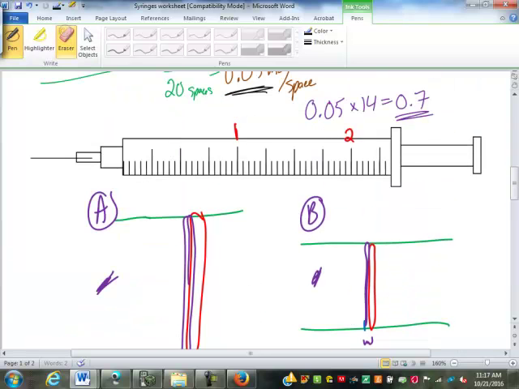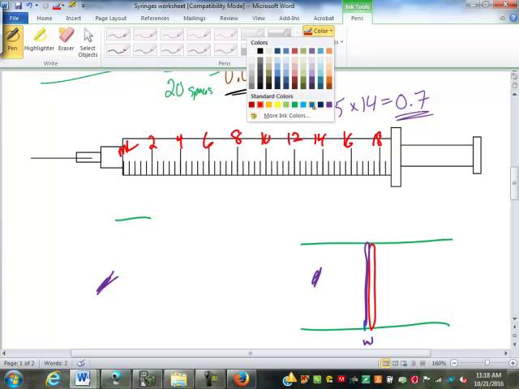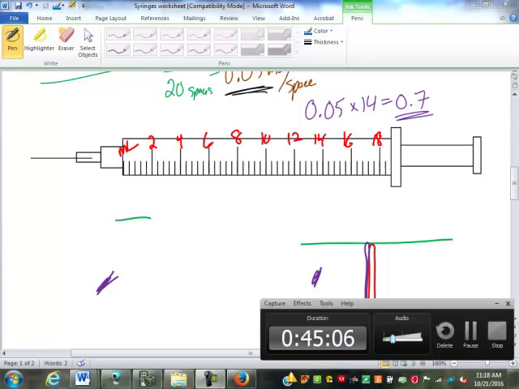So I want to look at this syringe here for a second. In your notes, try to figure out what each division represents on that syringe.